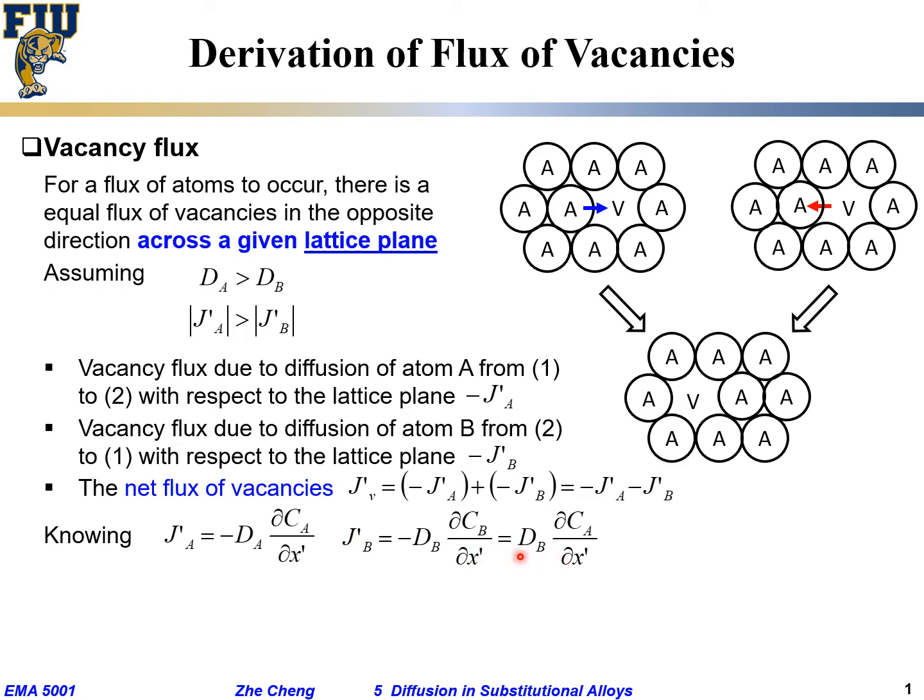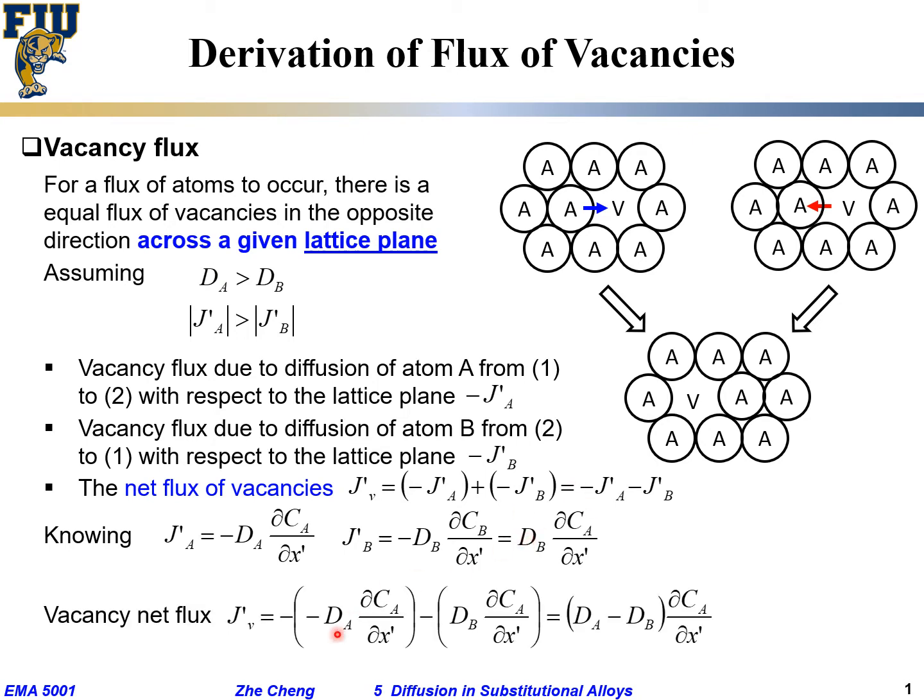So that's why I now have a positive sign here. I go from B to A, but I remove the negative sign. You see it? So if we are going to write it together, the net flux of what? Vacancy.